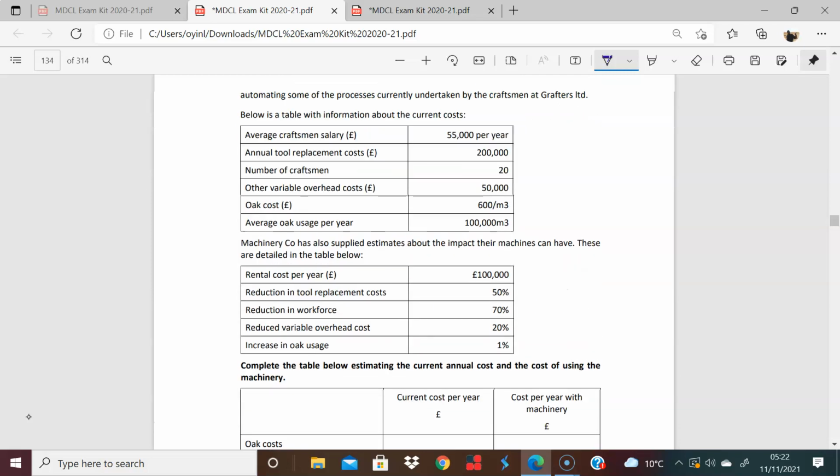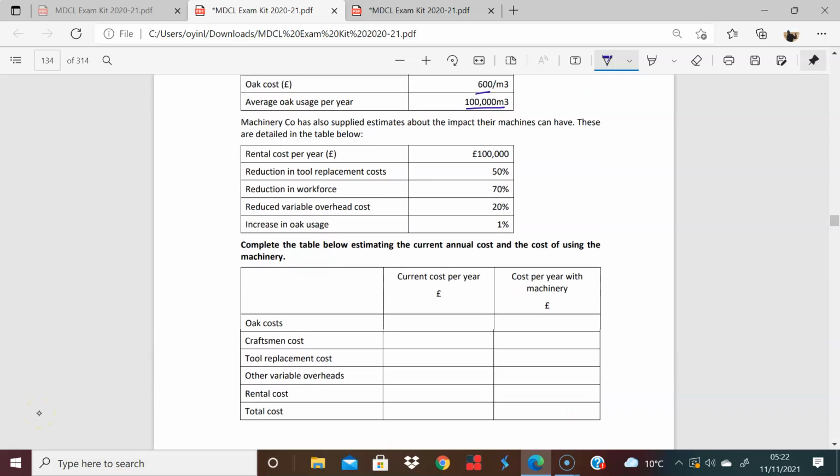It tells us that oak is 600 per meter cubed, and you have 100,000. So you have 600 times 100,000, which is six, and then five zeros, one, two, three, four, five, which takes us to 60 million.